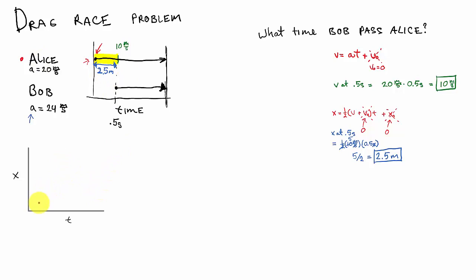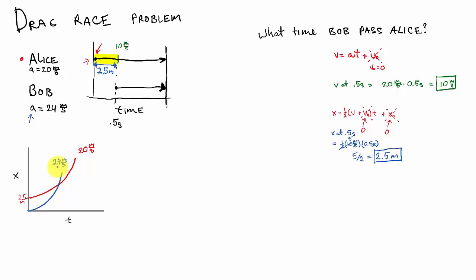Alice starts at 2.5 meters, and her speed increases at 20 meters per second. Bob starts at 0 meters per second. However, he's traveling a little bit faster at 24 meters per second.